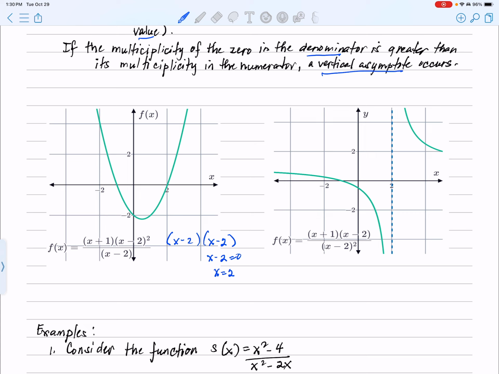That means even though we cancel out, there is still an x minus 2 in the numerator. So the multiplicity of x equals 2 is greater in the numerator. That means there is no asymptote.